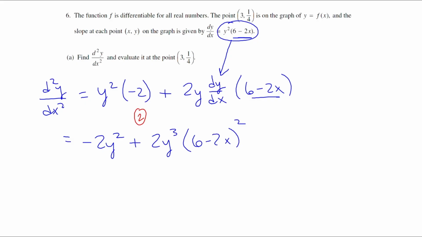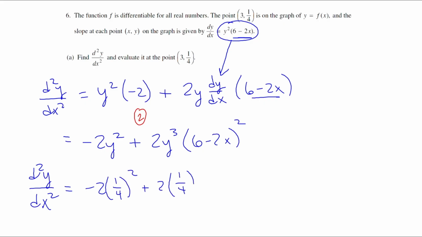And then they're going to give you a third point for evaluating it at the point (3, 1/4). Well, if y is 1/4 and x is 3, we're going to have negative 2 times (1/4) squared plus 2 times (1/4) cubed times (6 minus 2 times 3) squared, when we replace all the y's with 1/4 and the x's with 3.